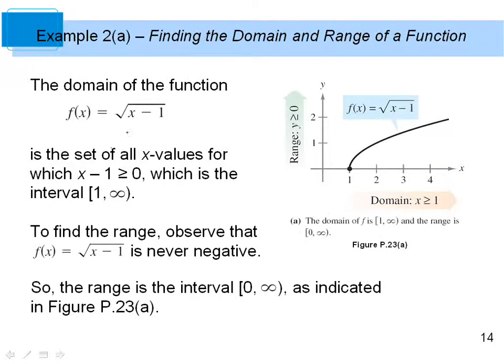Here's another example, finding the domain and range of the function. So the domain, you should be thinking of x values, inputs, things that make the equation work. So as I look at this one, f of x is equal to the square root of x minus 1. One thing we know about square root functions is we cannot, on the real numbers, find the square root of a negative number. So x minus 1 can never give us a negative number. It cannot be less than 0.